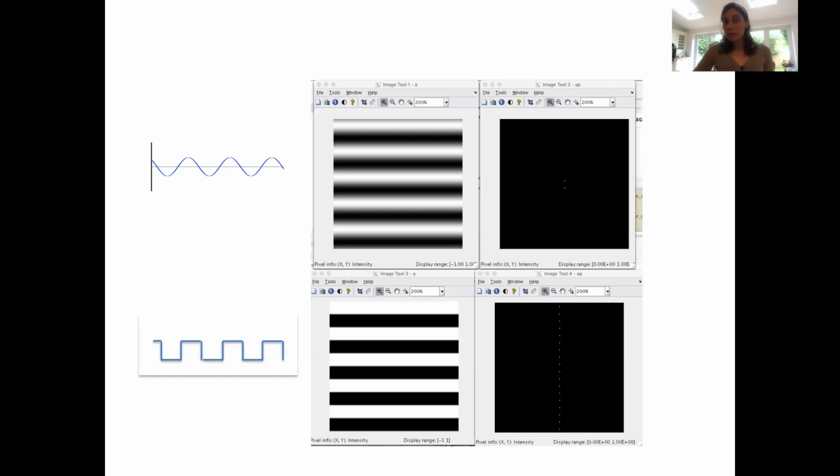What this means in terms of what happens to the power spectrum of digital images is that the power spectrum of an image which would be smooth, so not digitized, would look like this. It's the same I showed you in my introductory slides. When we are dealing with digital images, the power spectrum would look like this.